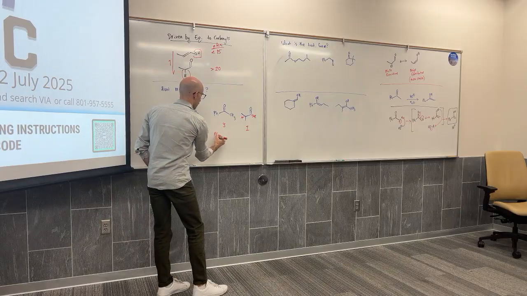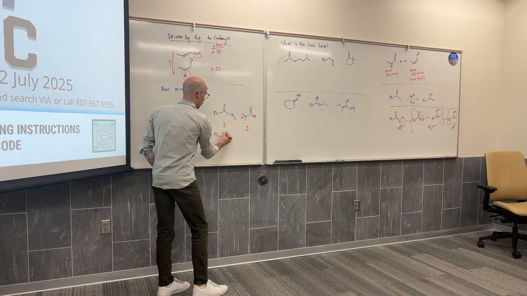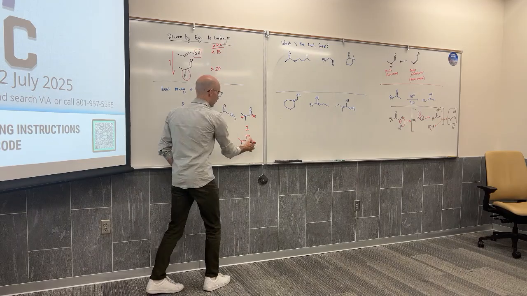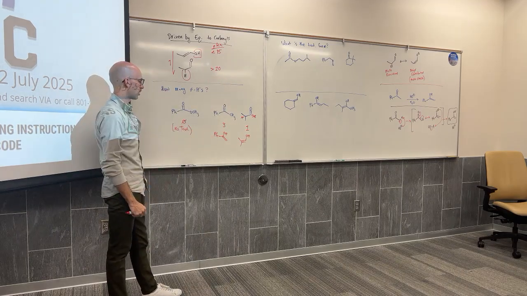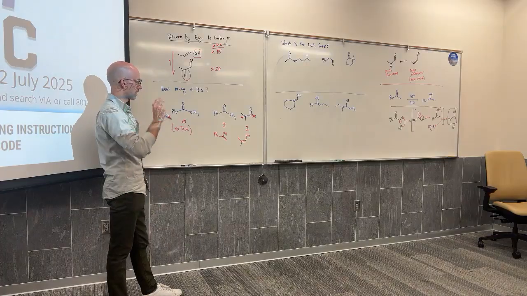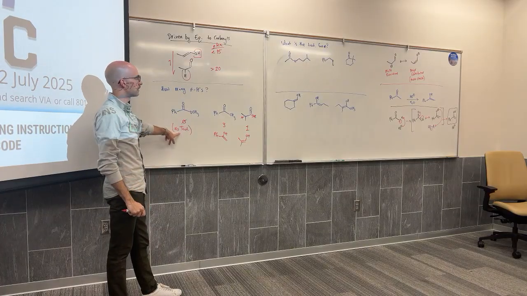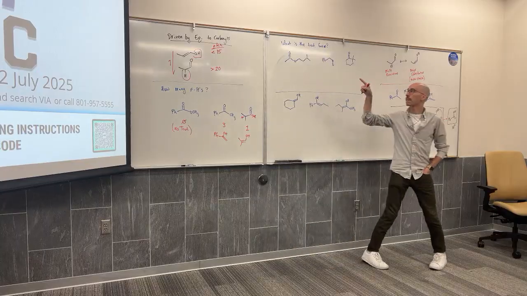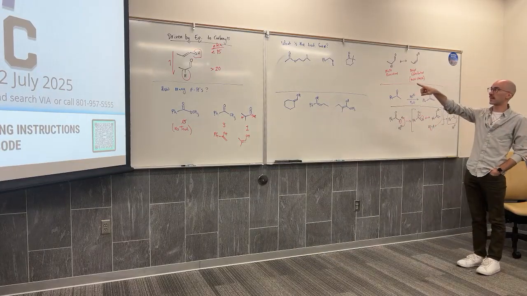Just for clarification, we could look at the tautomer forms for these two. They are both able to tautomerize into enols, but this ester cannot. And that's exactly what I saw you guys taking advantage of here.